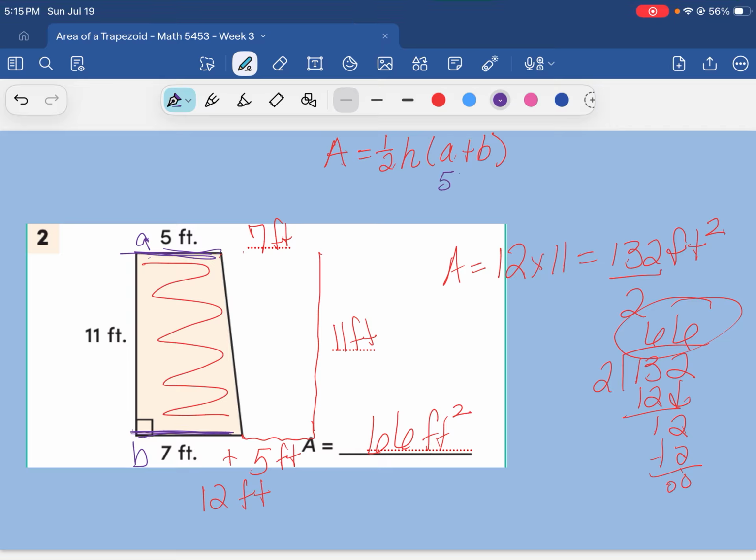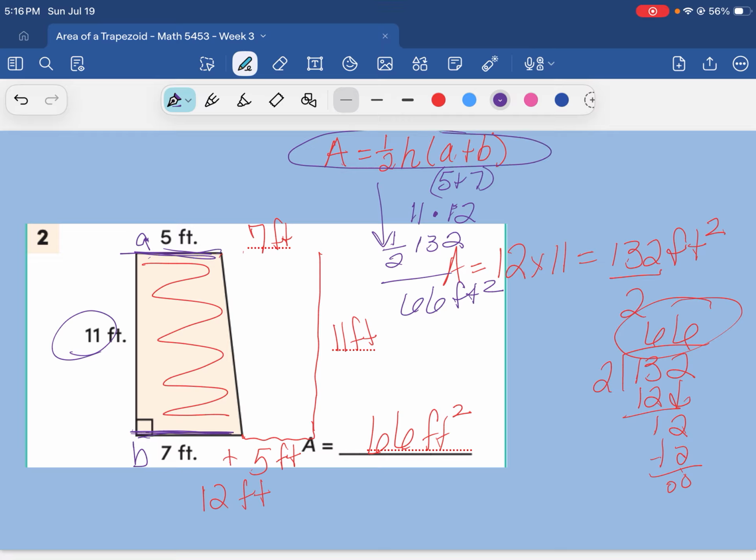So 5 plus 7 gives us 12. Then we times that by the height, which is 11, and that gives us 132. Then we divide that in half, which gives us 66 feet squared.